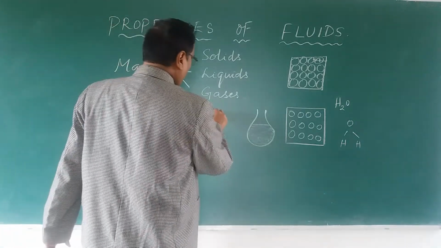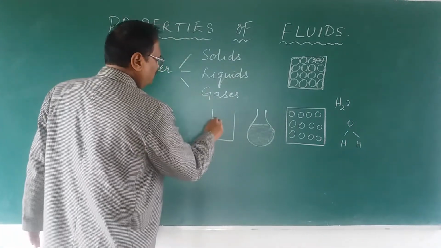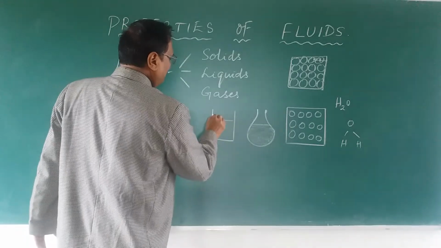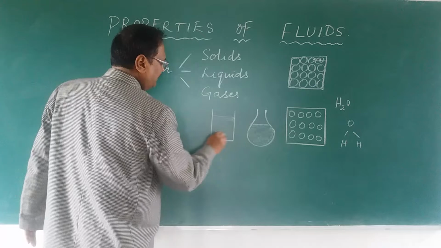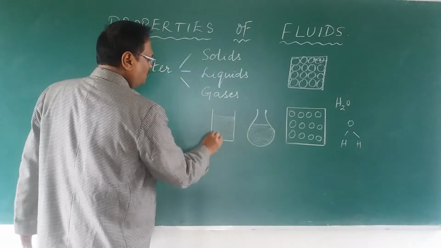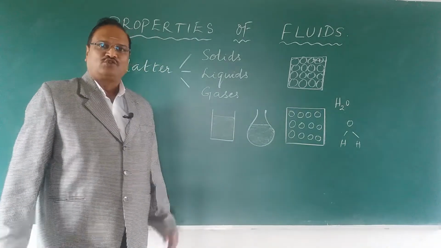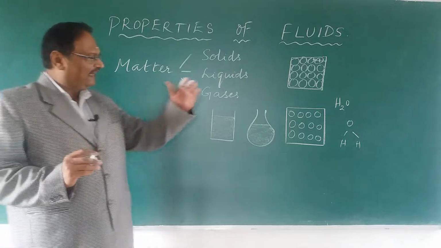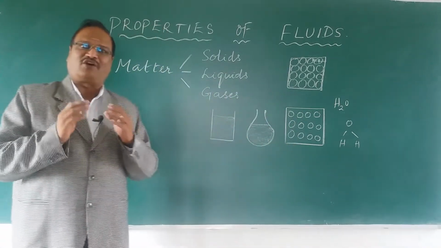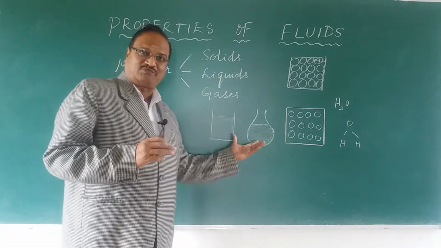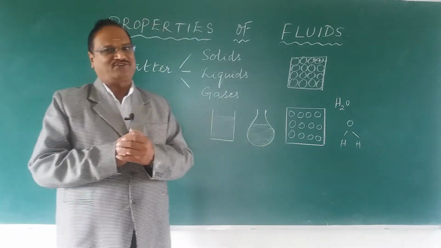And if I put it in a beaker, again it is going to be something like this. Depending on how much the volume is, it will occupy that much. So it does not have a definite shape. The shape depends on the container or the vessel in which it is placed.